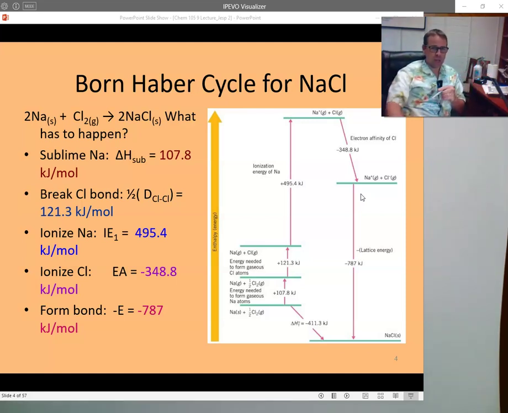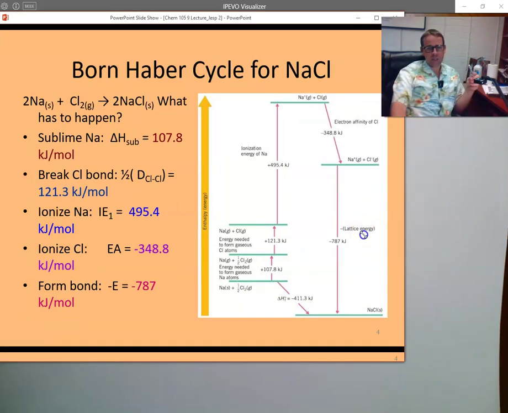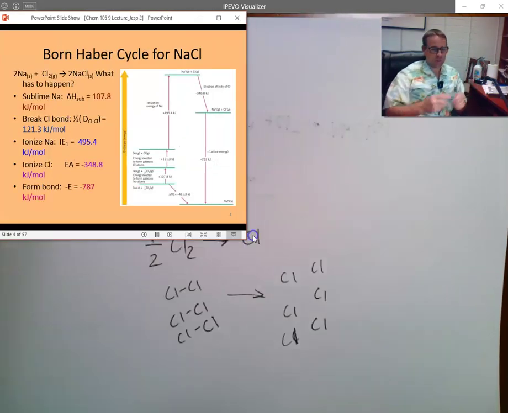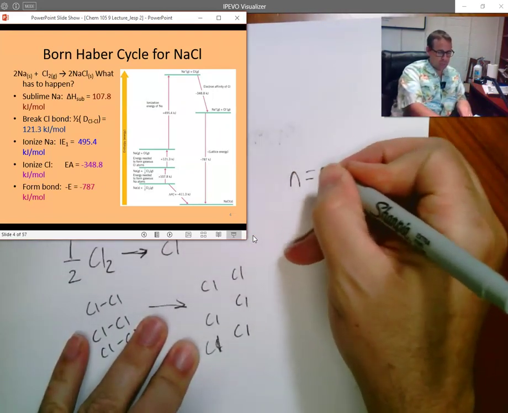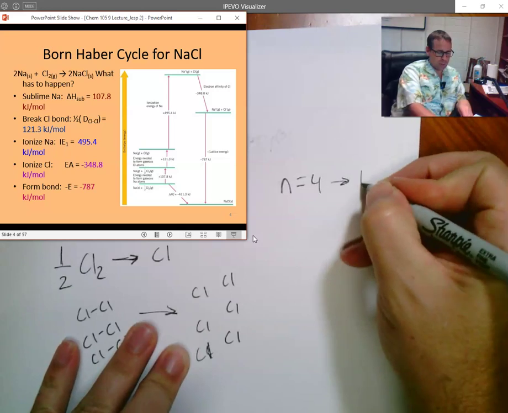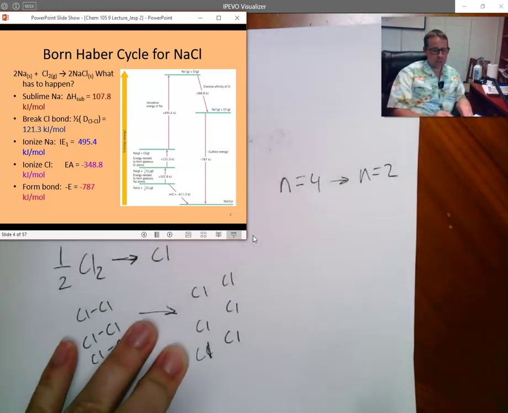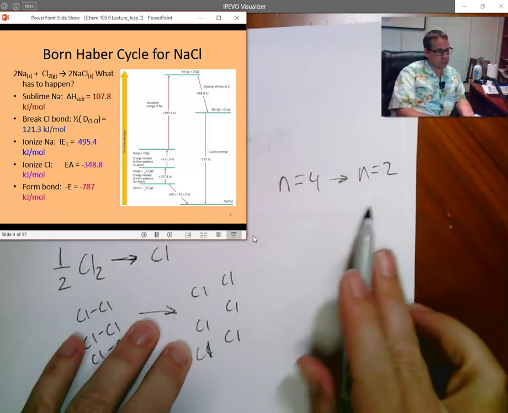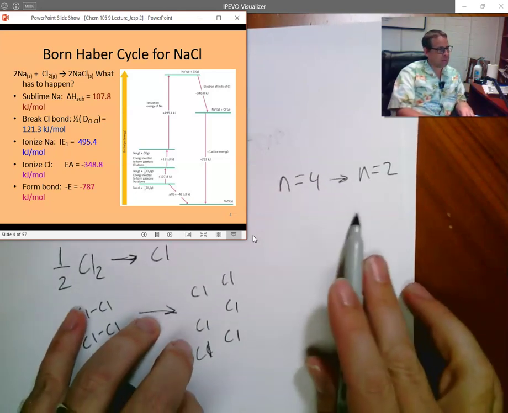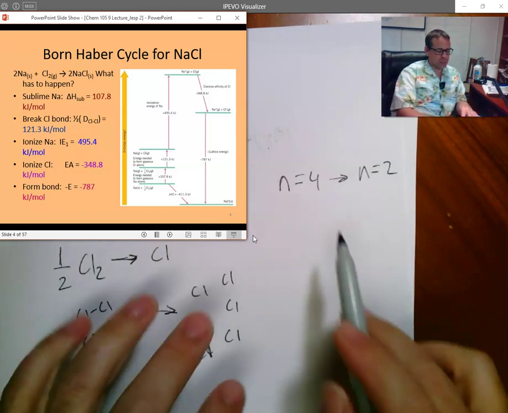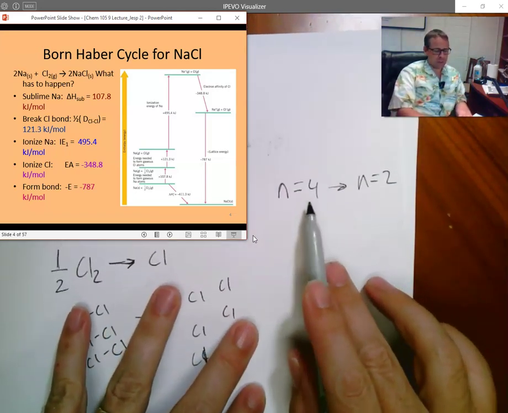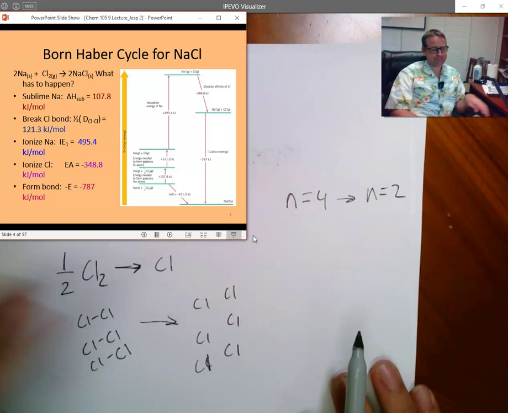And when there's a transition, and this is one of the questions on the practice exam, when you have a transition from n equals 4 to, for example, n equals 2, from this sort of a transition, what do we expect to be released? Brielle, what do you expect to be released when there's a transition from 4 to 2?